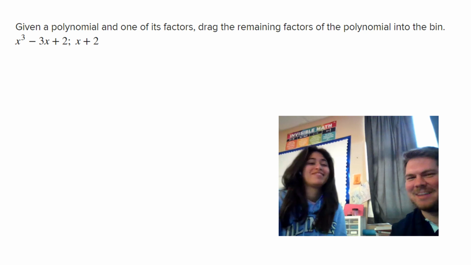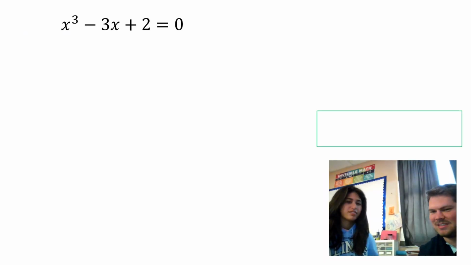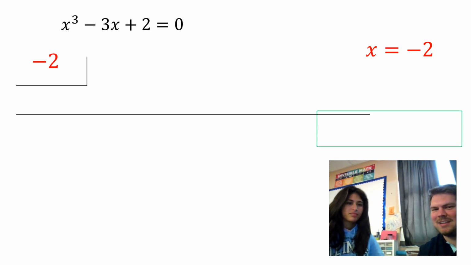Yeah. What's the opposite of x plus 2, or what would make that 0? -2. So we're going to use -2 and put it in our box, and then we have 1, 0, -3, and 2.